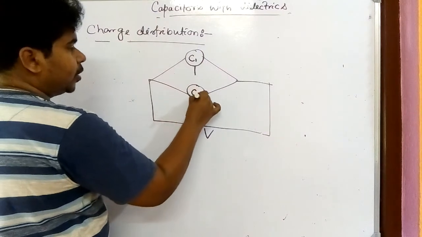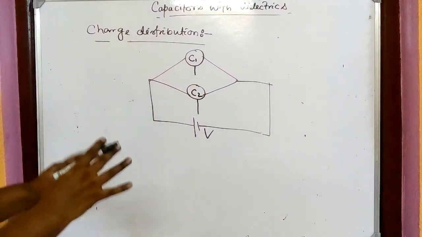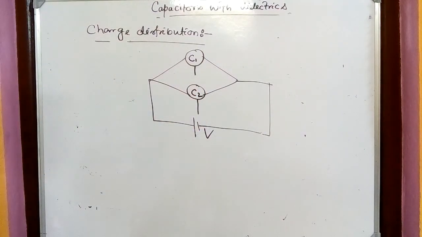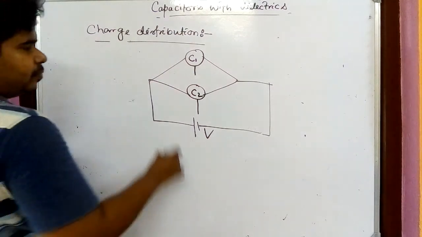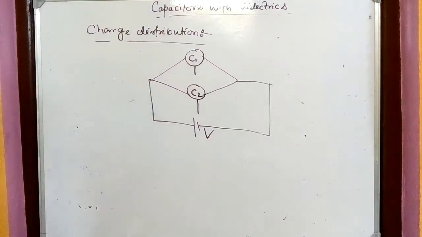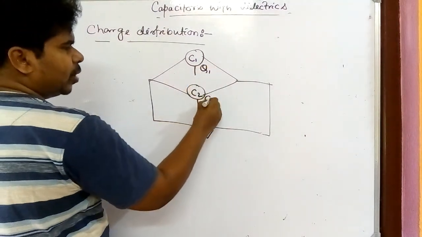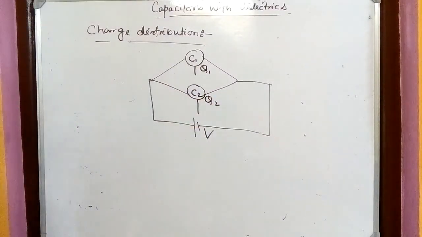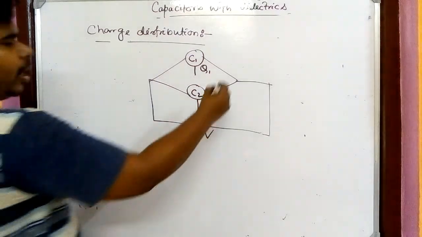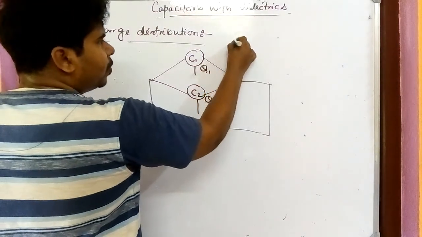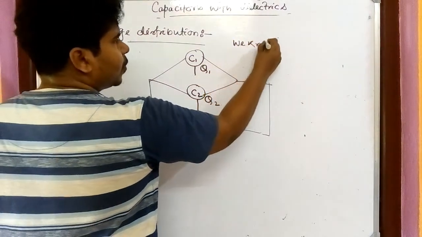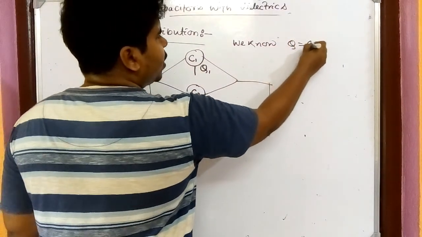It is C1, it is C2. If you arrange it this way, the potential should be the same, because as it is connected in parallel, the potential difference will be the same, but the charge capacity is different. Assume it is Q1, it is Q2. So from here we know Q equals CV.